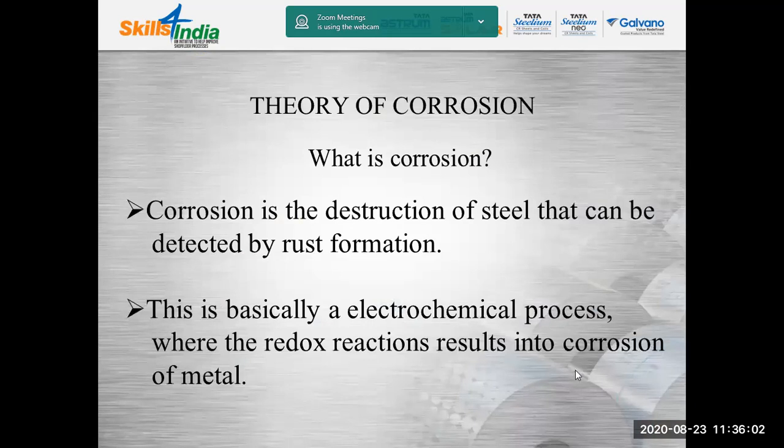Theory of corrosion. What is corrosion? Dear friends, corrosion is the destruction of steel that can be detected by rust formation. This is basically an electrochemical process where the redox reaction results in corrosion of metal.